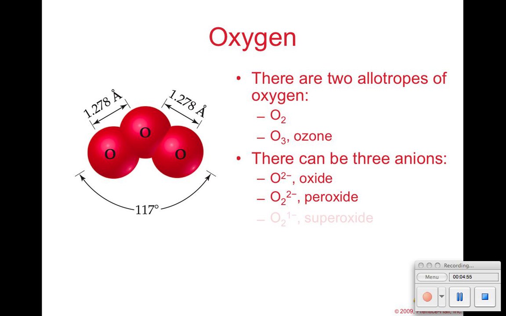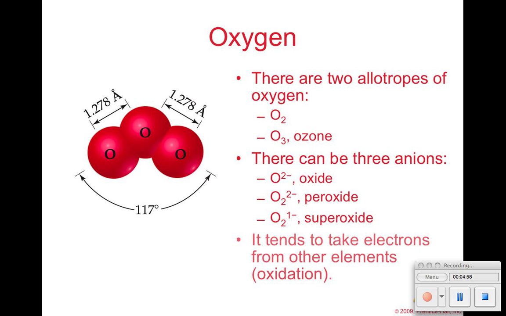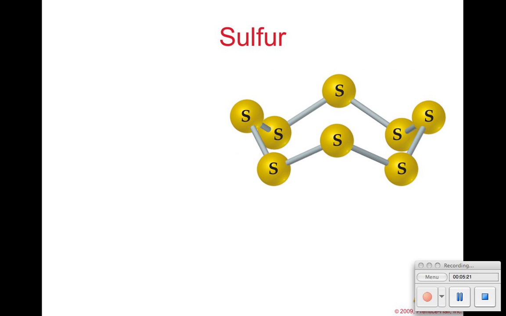There can also be 3 anions of it: the oxide, the peroxide, and the superoxide. Notice the charge related to two oxygens bonded together in the superoxide, which have a -1 charge. So that's a couple different ways that oxygen can be unique. It also tends to take electrons from other elements, so it oxidizes, thinking of redox reactions.